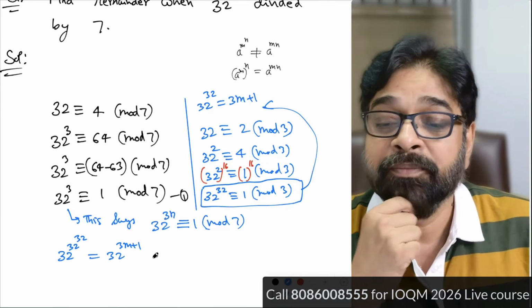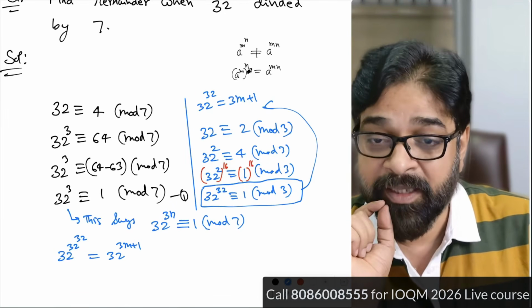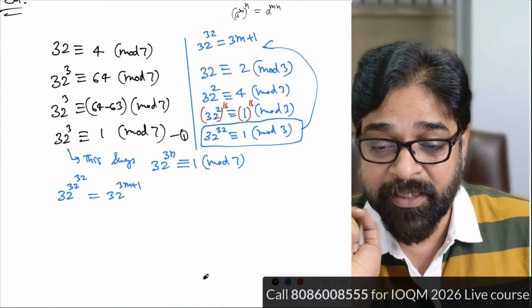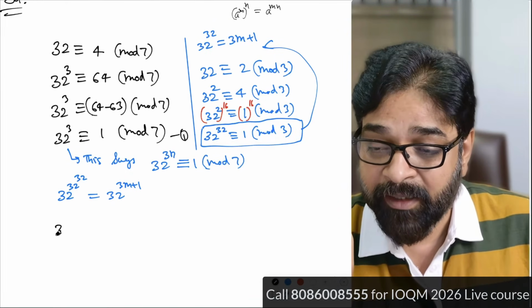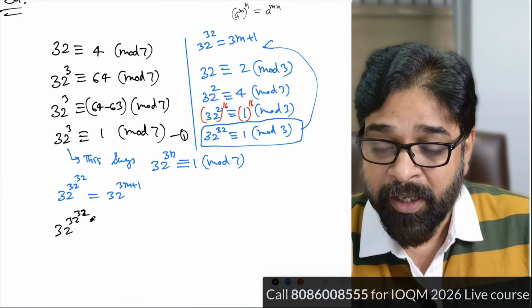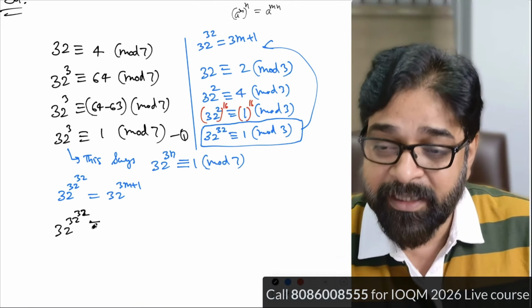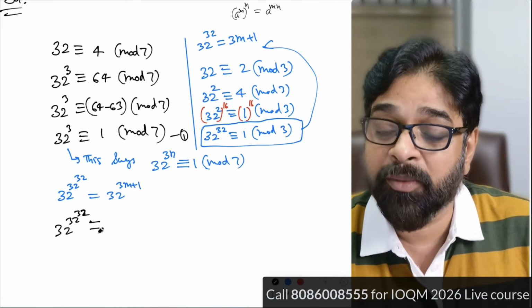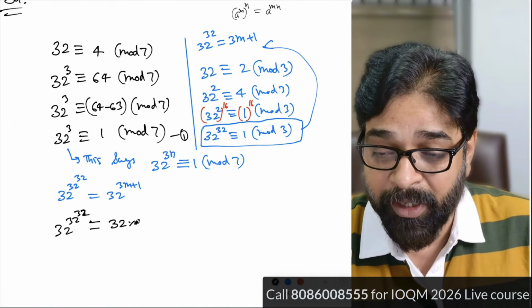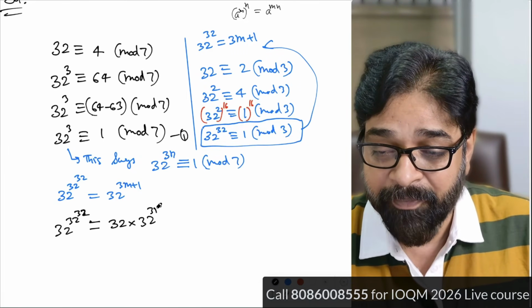Yes or no? We can write it this way, as we just proved. Everybody please concentrate. So I can write 32 into 32 raised to the power 3m.